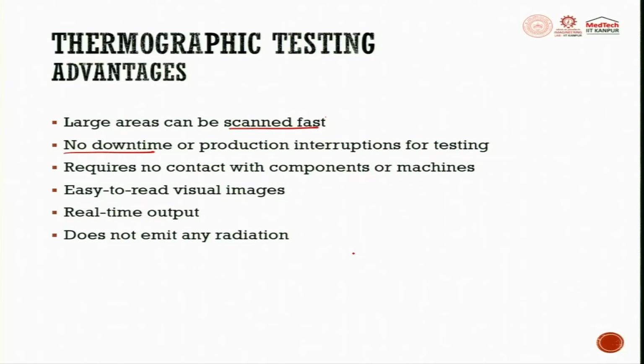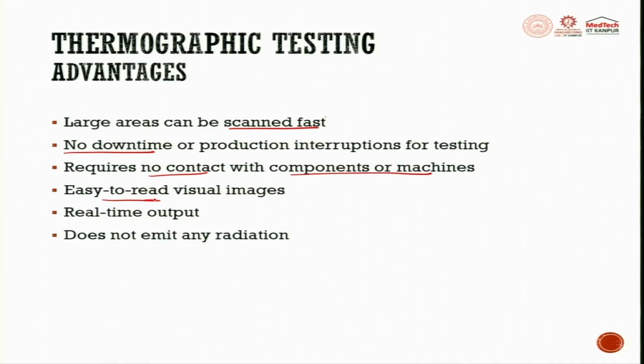So this can give the quantitative data for how long in the annealing the temperature is being maintained at 700 or 730 degrees. So this could also be measured. To have the quantitative outputs, this is very useful. It requires no contact with components or machines.